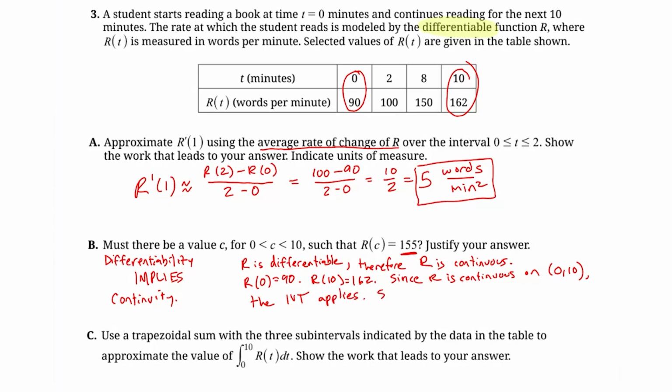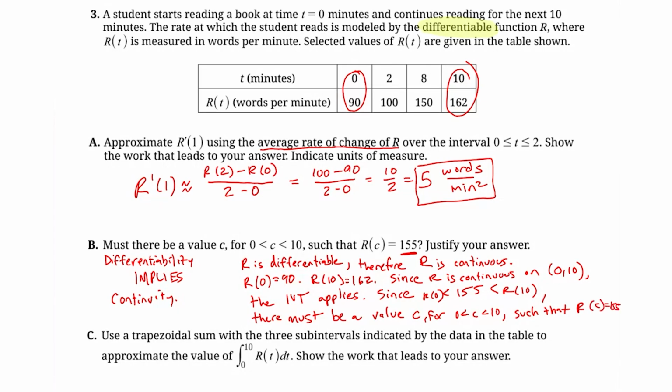Okay, since 155 is in between R of 0, which is 90, and R of 10, which is 162, there must be a value c. I'll just go ahead and spell it out: for 0 is less than c is less than 10, such that R of c is 155.